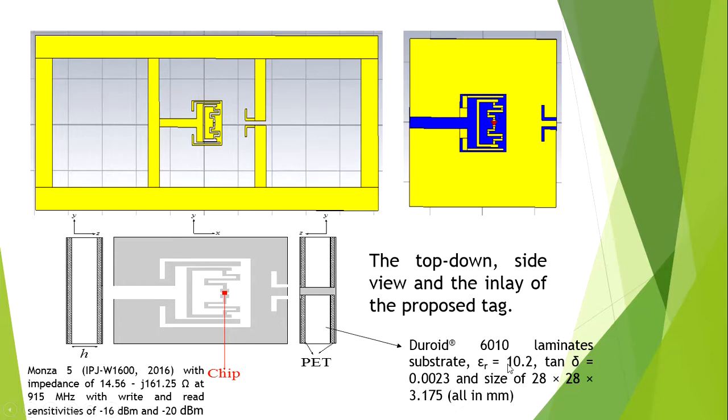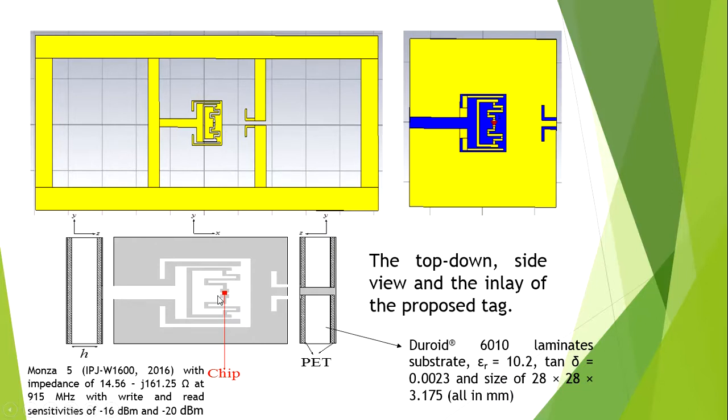One of the design miniaturization techniques is that the higher the dielectric constant, the more possible it is to shrink down the tag antenna size to become smaller. But one of the drawbacks is that the RF performance will reduce. So this is also one of the disadvantages of having a high dielectric constant.